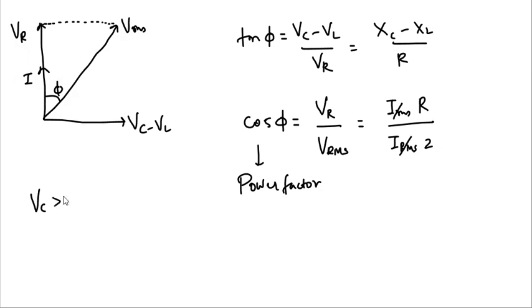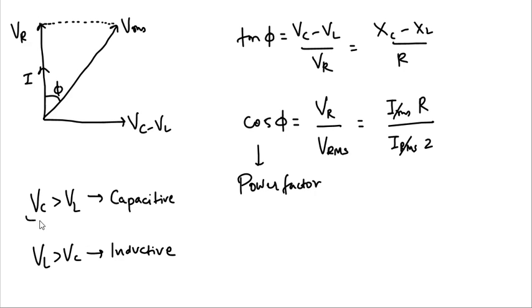If VC is greater than VL, then the circuit will be capacitive in nature, and if VL is greater than VC, then the circuit will be inductive in nature. If VC is greater than VL, the current will be ahead of voltage, and if VL is greater than VC, the voltage will be ahead of current. To calculate phi, please remember to use this formula: cos phi is R by Z.